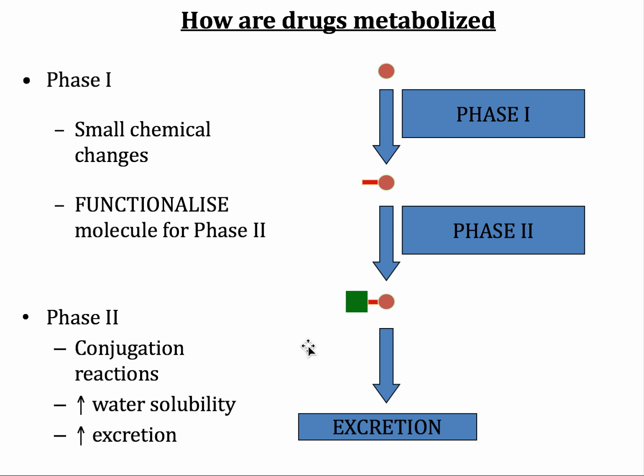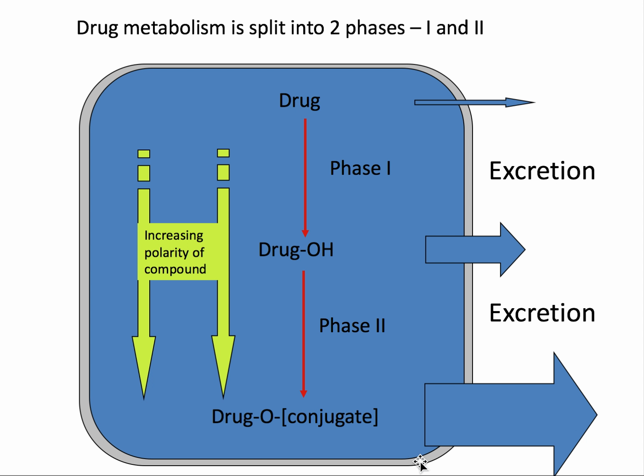So in this way you have a conjugate, a different molecule, which is like a donor, that usually gives you some sort of a side chain or a molecule which you then add on to your drug, which makes it more water soluble, less lipophilic, more polar, which also then increases excretion. But as you can see, if you go back here, most of the effect on excretion is usually from phase 2.